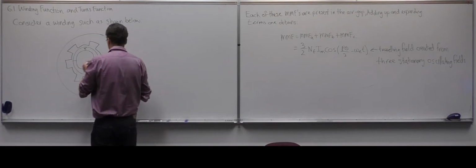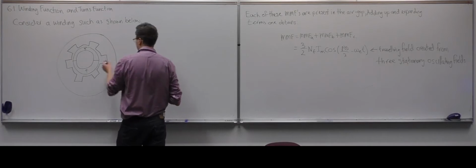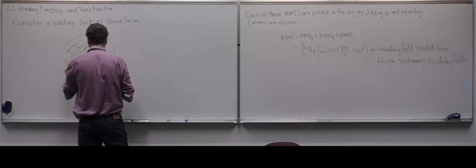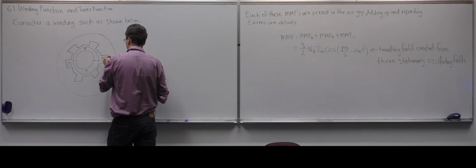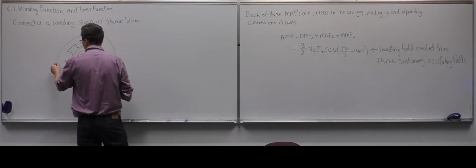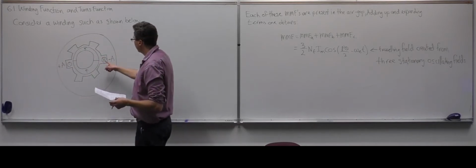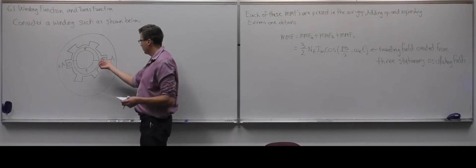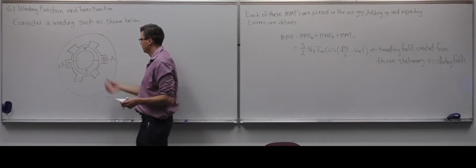So we could have an A winding here, phase A. This is minus A, and this is plus A. If you look at the winding, the wire is going in this slot, and so it's going to create a field coming up.